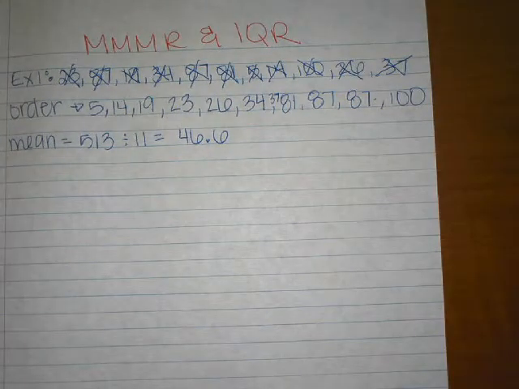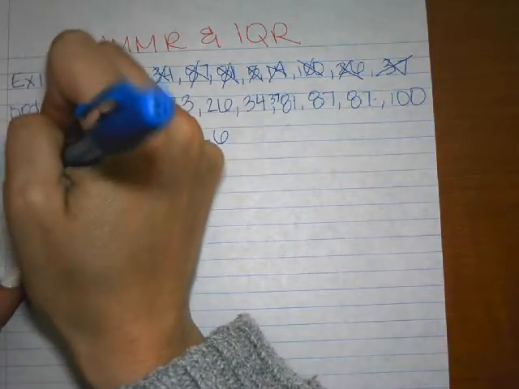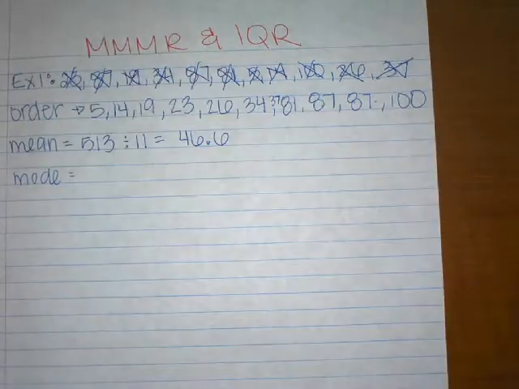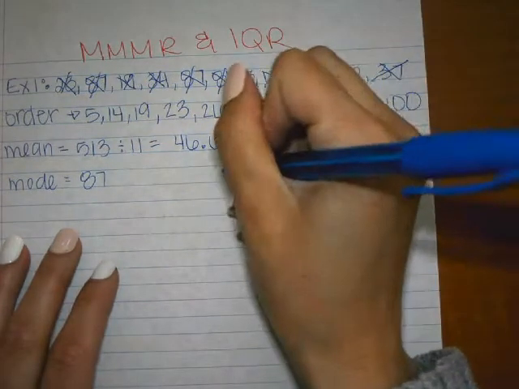Okay. Questions on mean? Find the mode. Whisper it to your partner when you have it. What'd you get, everyone? 87. Nicely done. Find the range.